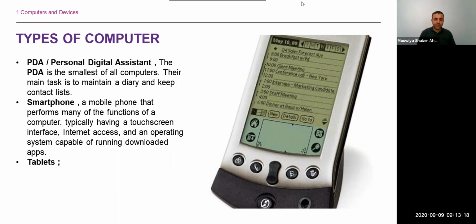Some of you may know the pager, which was very small and only received a message, telling you to go and call somebody. The personal digital assistant was the smallest computer at that time, and it didn't have too many functions.